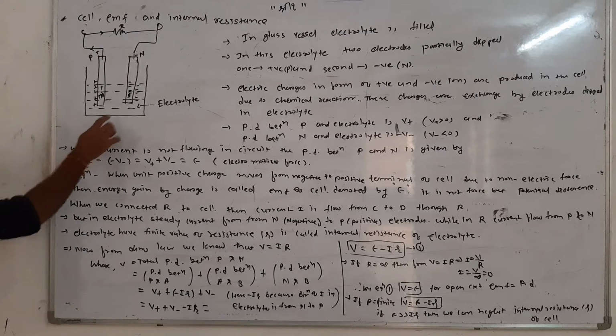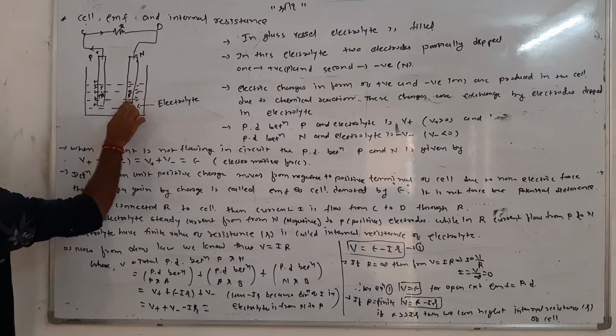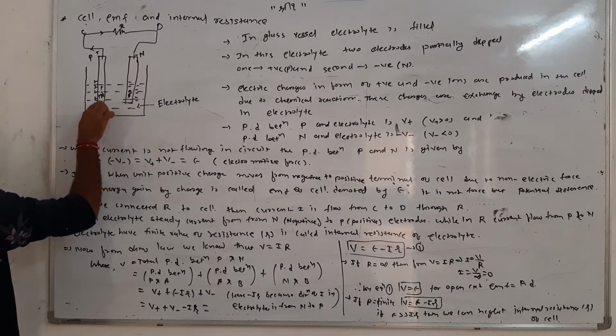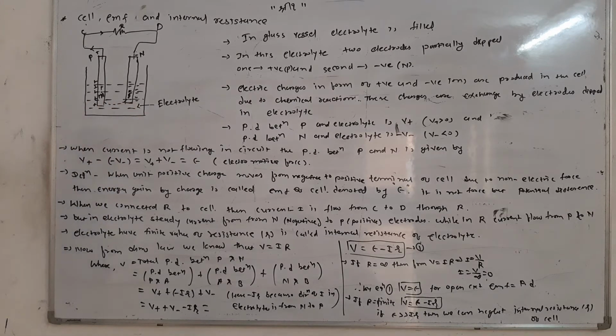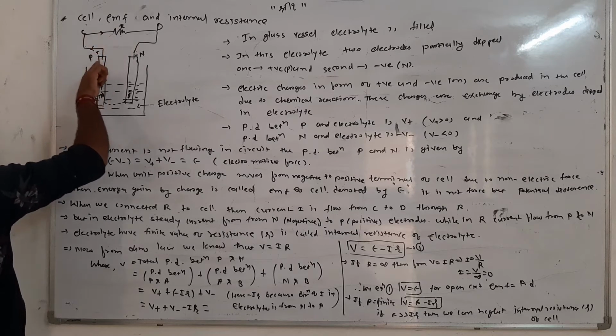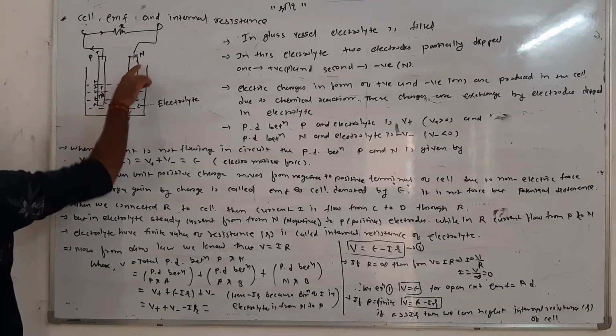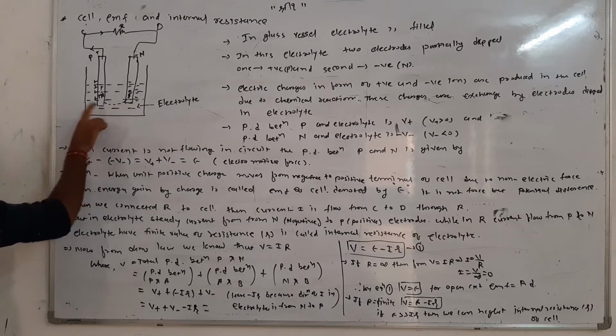But inside the electrolyte, the electric current flows from the negative electrode to the positive in this sense. So the direction of electric current in the external circuit is from the positive electrode to the negative, but inside the electrolyte it is from the negative electrode to the positive.